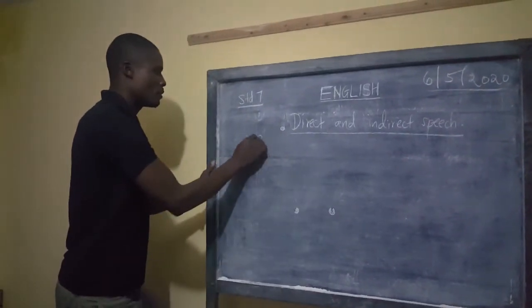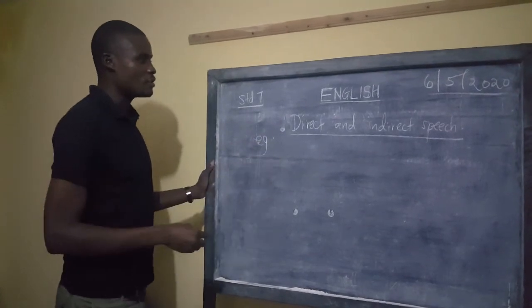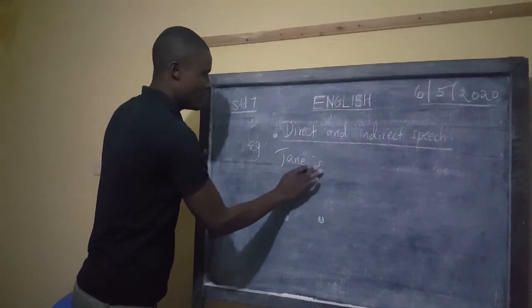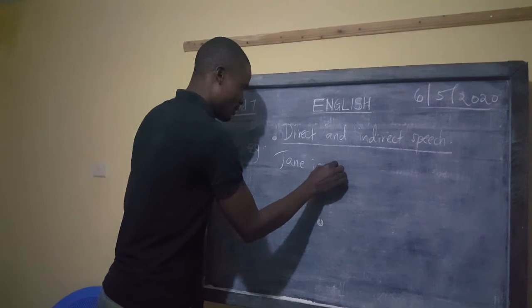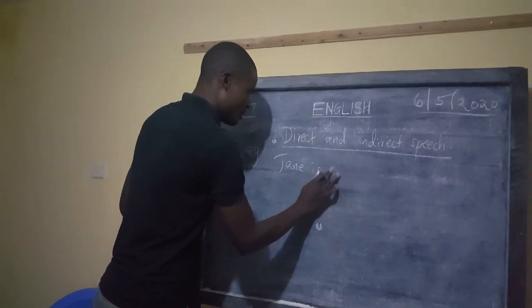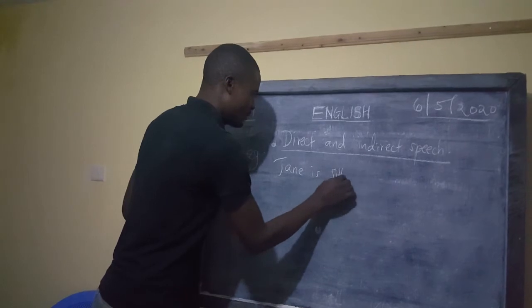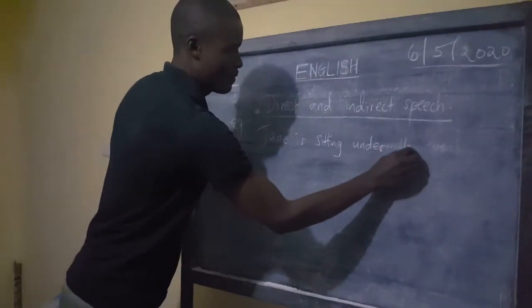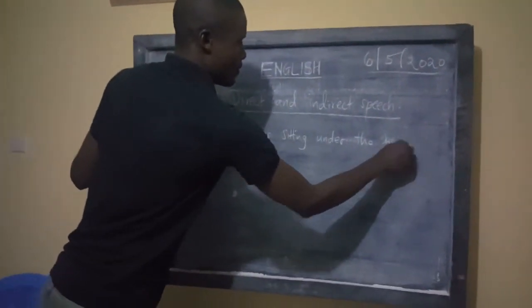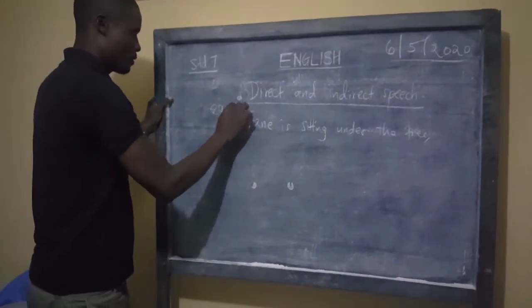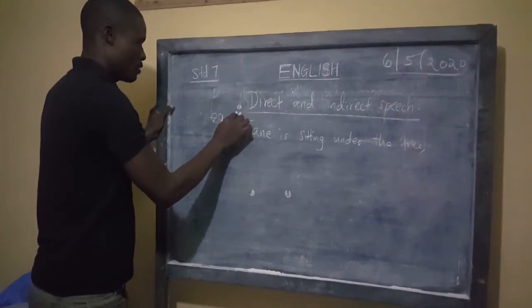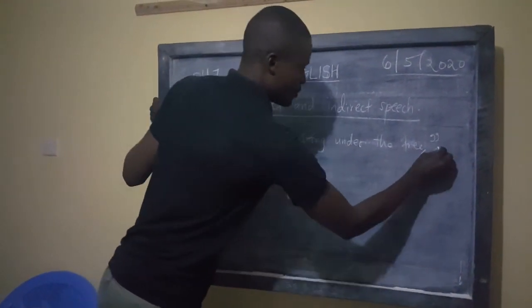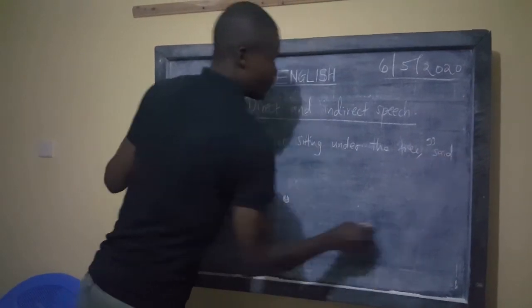So number one example, I'll just give one sentence in the direct speech. Like, Jane is sitting under the tree, said mother.